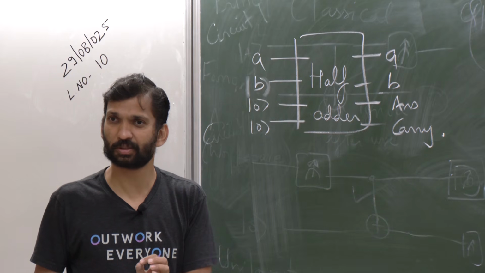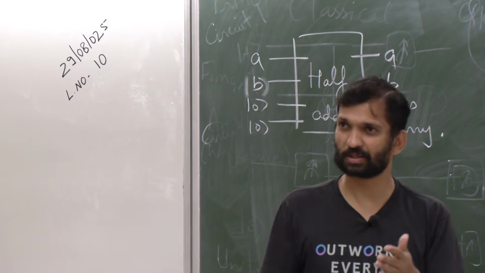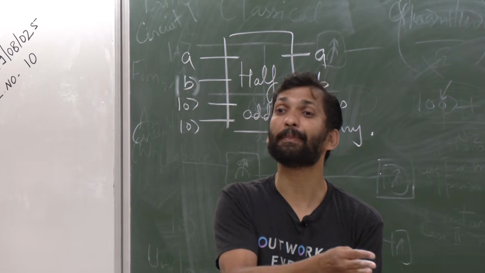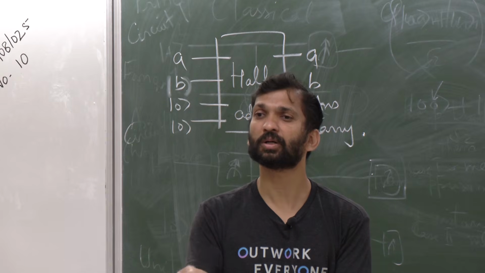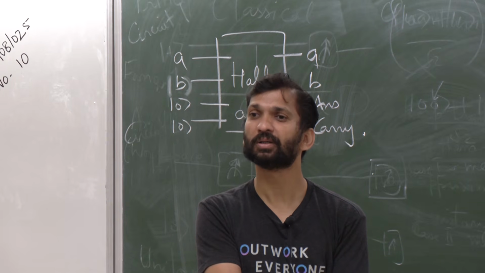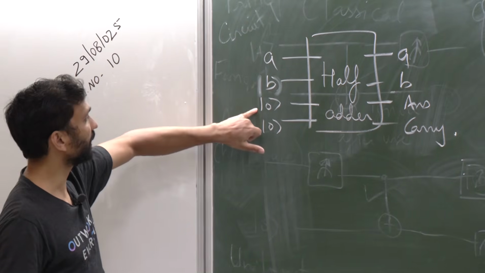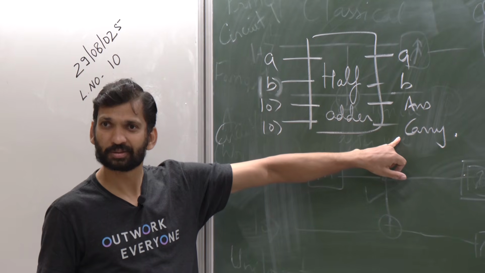It's not clear what reversible is. What should reversible mean? Reversible means, given the input, there is a one-to-one mapping between input and output. Knowing the input, I know the output. Knowing the output, I know the input. So in this case, if I know my input is AB00, there's a unique output here.